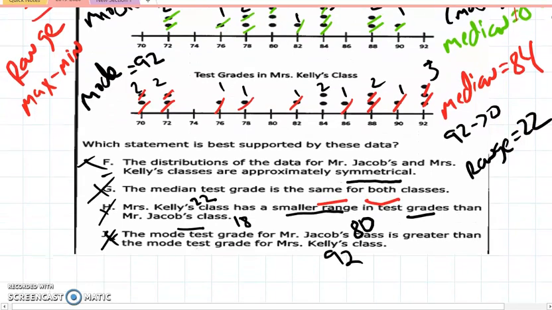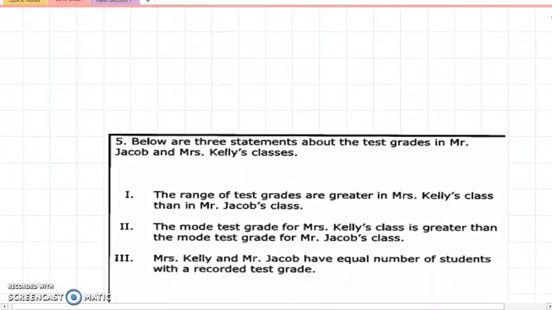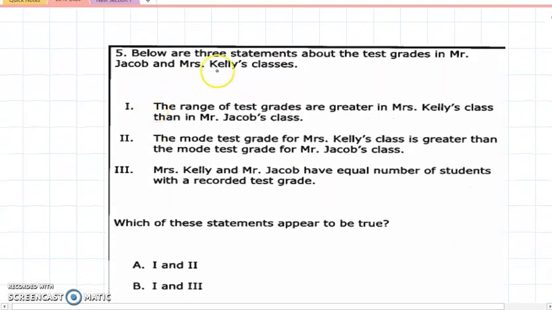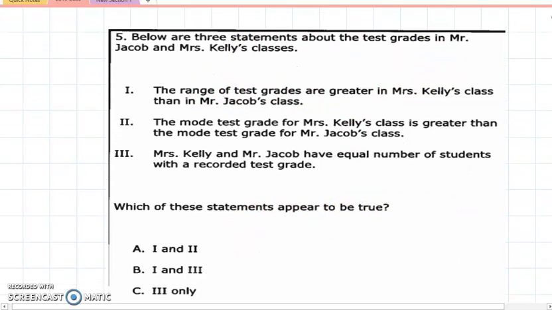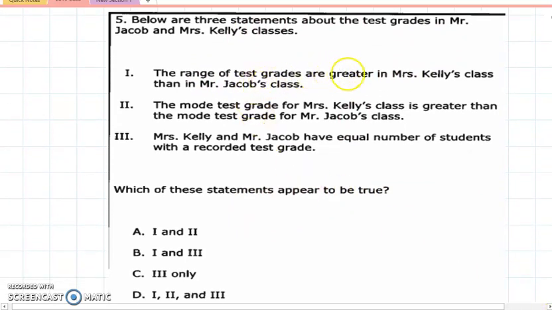Okay, let's go into number 5. Below are 3 statements. For both classes, which statements appear to be true? The range of test grades is greater in Mrs. Kelly's class than Mr. Jacob's.